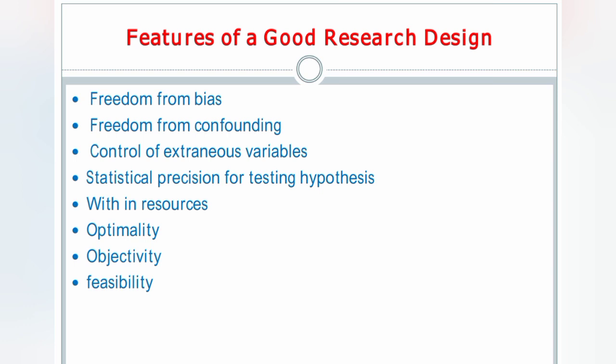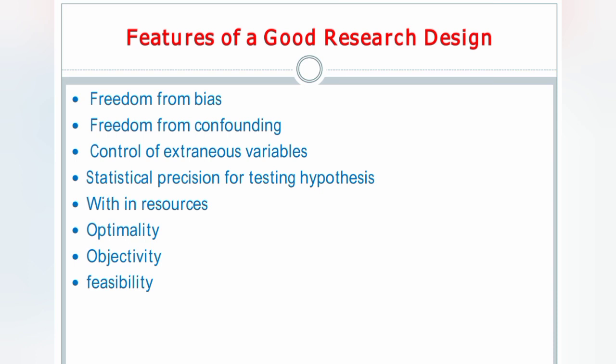The last one is flexibility. It is often observed that one has to deviate from the basic research design during the operation of the research study due to real world problems. A good research design must be flexible enough to incorporate the changes whenever needed.